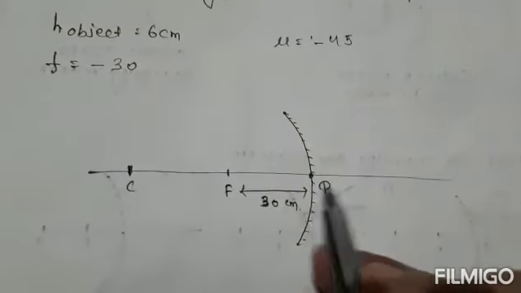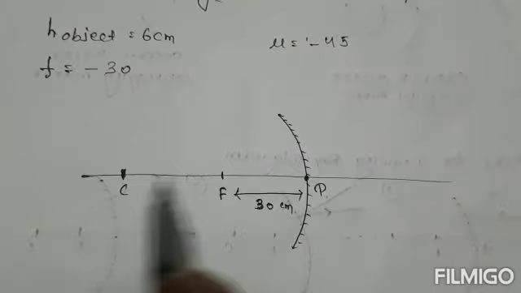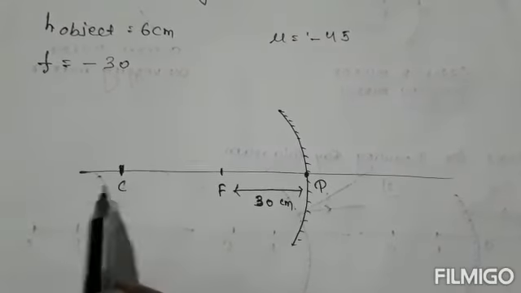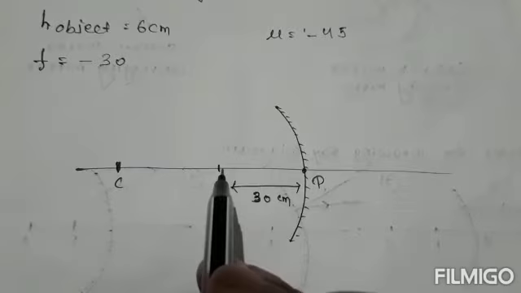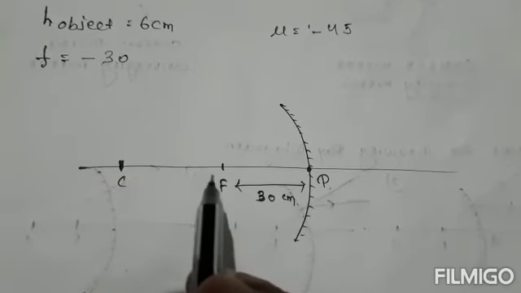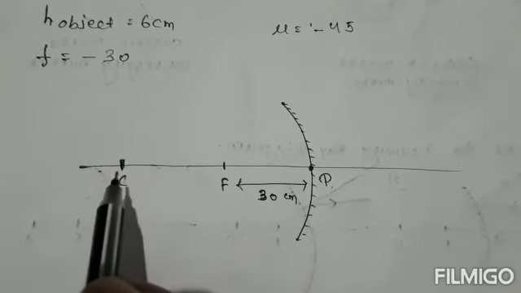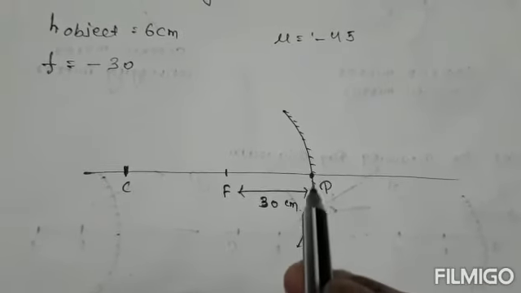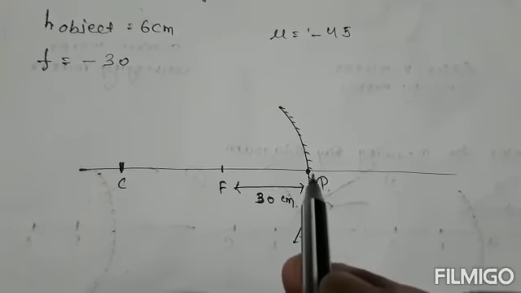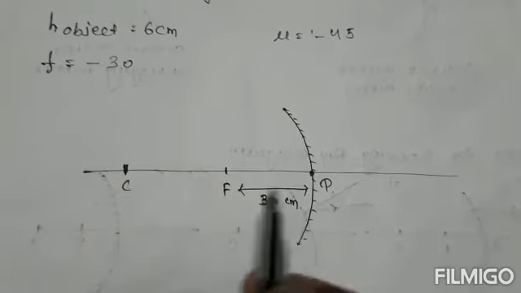So here this is a principal axis, this is focus, and this is center of curvature, and focus is present midpoint of the line joining from center of curvature to pole. So here the distance of the focal length from pole to focus is 30 cm.